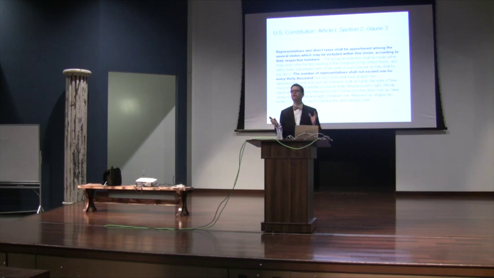And we all know the history of the Great Compromise that led to the adoption of the Senate, where every state gets an equal number of representatives, and to the House of Representatives, where the number you send is supposed to be based on how many people are living in your state, or the population. The interesting thing about this article is that other than stating that, it appears to be a little bit vague.